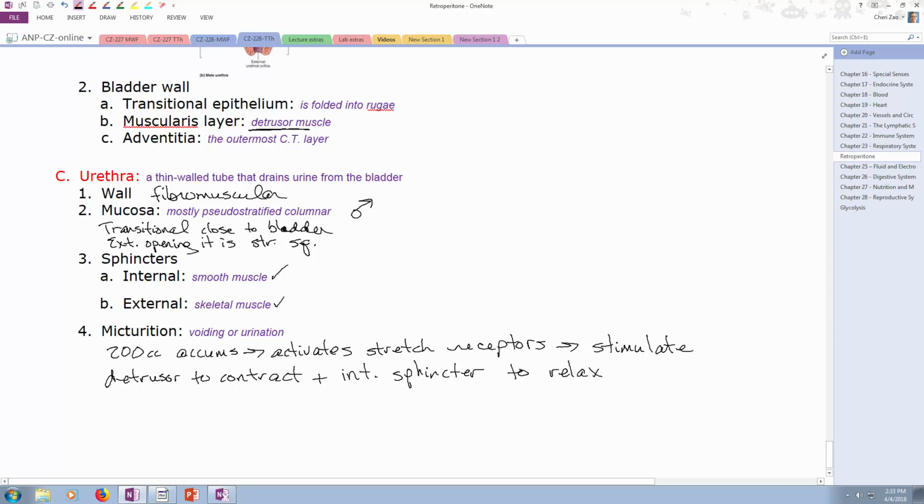So your internal sphincter will relax, and unless you voluntarily relax your external sphincter, you will not void.